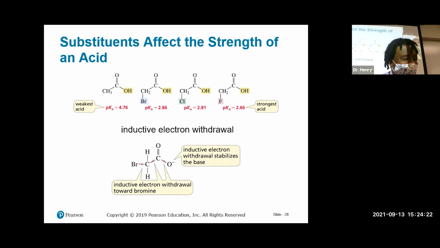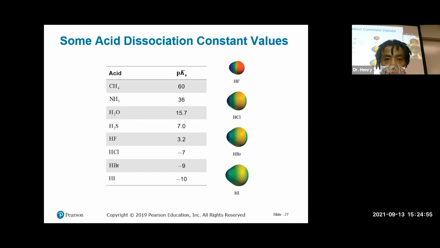There's a lot to consider. Yeah, so that's also one of the things that make OChem interesting. Let's see if I can get a question for you here. Okay, so which one of these are the stronger acids? Let me go back. So I'm going to write it on here.